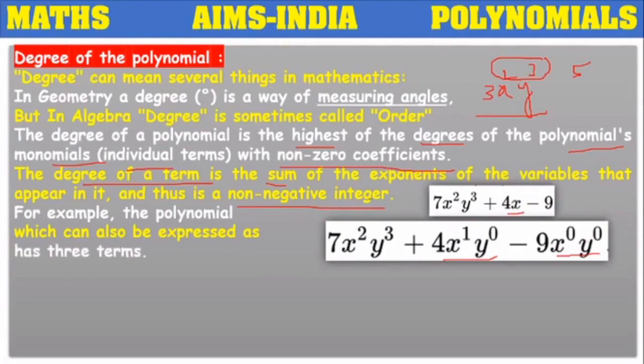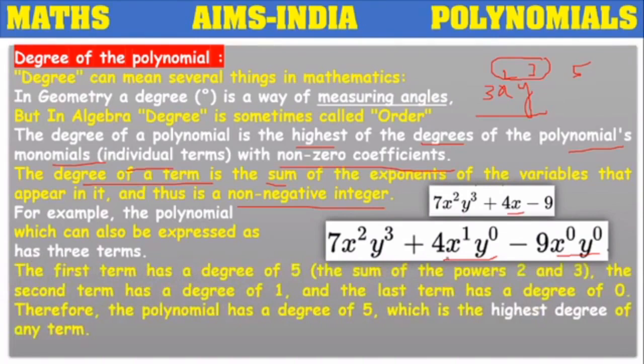So the given expression has 3 terms. Out of 3 terms, the first term has a degree of 5, the sum of 2 and 3. The second term has a degree of 1, because 1 plus 0 is 1. And the last term, 0 plus 0 is 0, so the last term has a degree of 0. So 3 terms have 3 different degrees.